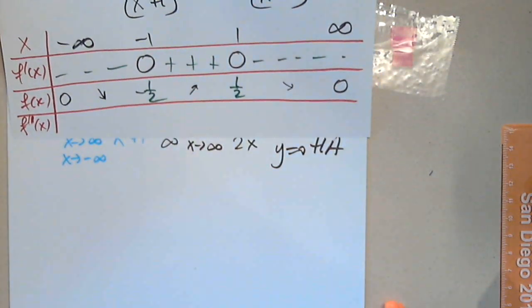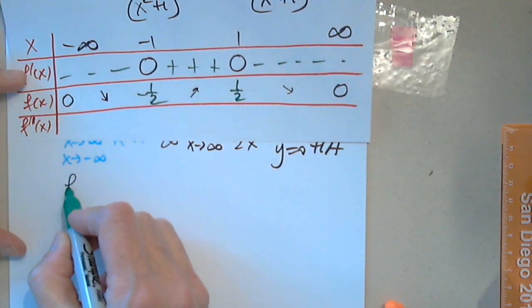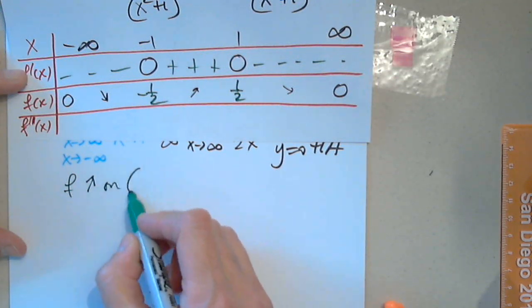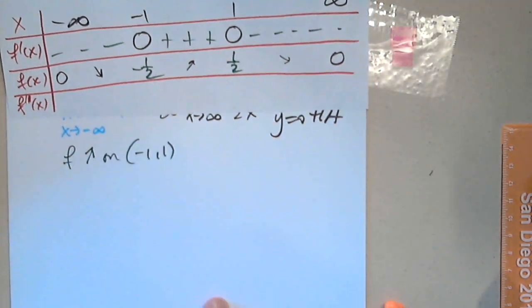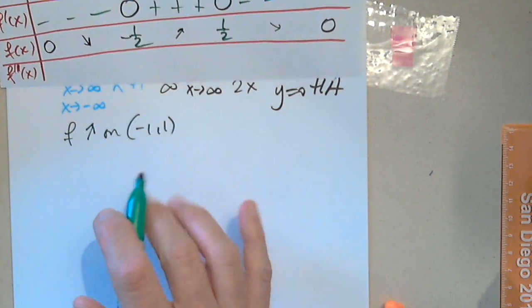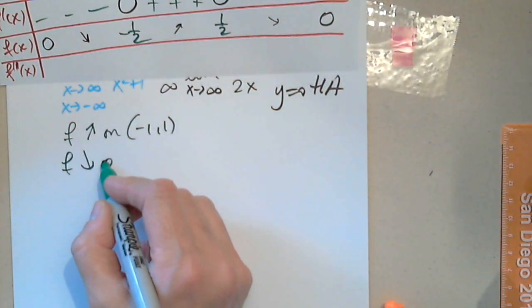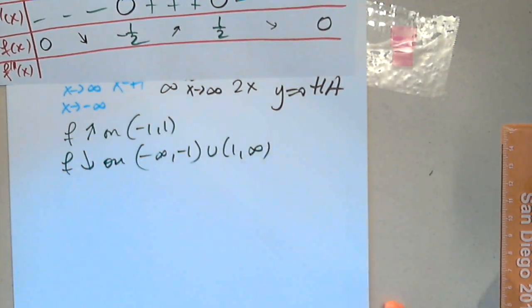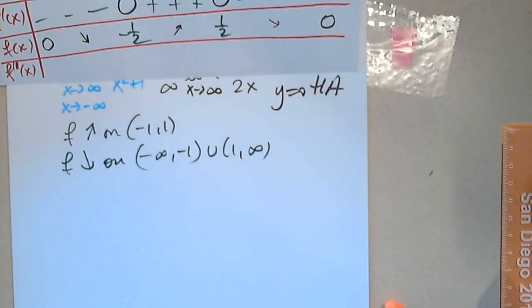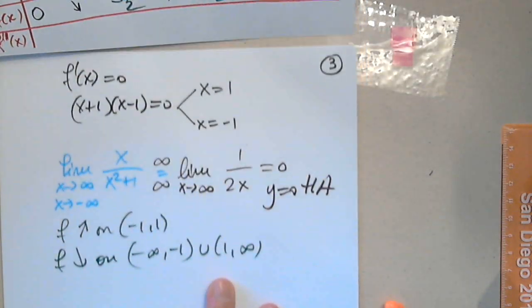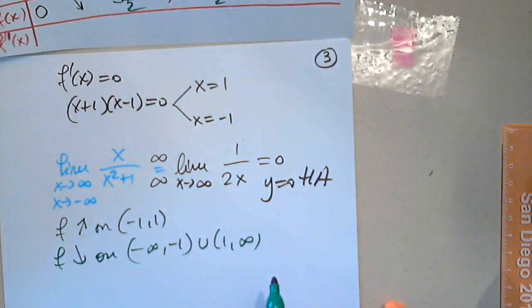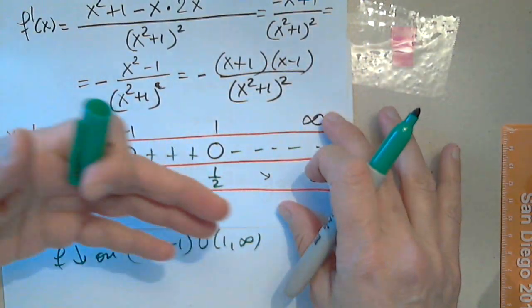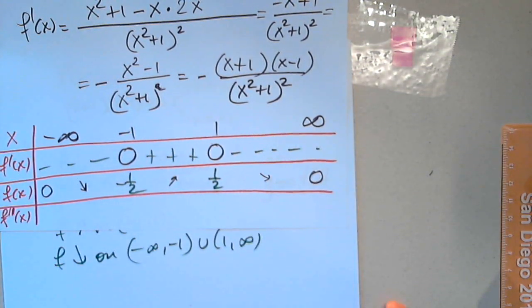But if you're asked to, this is what I would write. F increasing on only open intervals, no brackets, and F is decreasing on negative infinity, negative 1, union 1 to infinity. But there is no need. If you summarize the information in the table, this is sufficient for me.